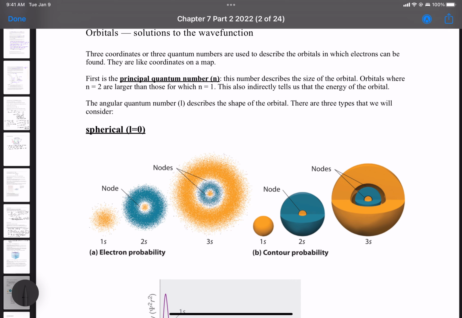Nodes are regions of space in the atom or the orbital where you'll never find an electron. The probability of finding an electron is 0. I don't really know how to explain why that is, but I have a feeling it has something to do with mathematics, and it's something I can't quite explain.